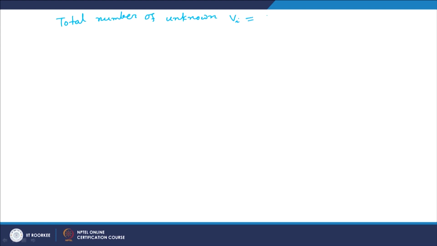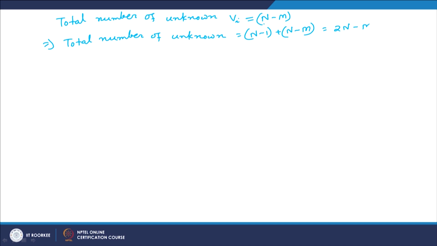So, therefore, the total number of unknowns is n minus 1 plus n minus m, which is equal to 2n minus m minus 1.